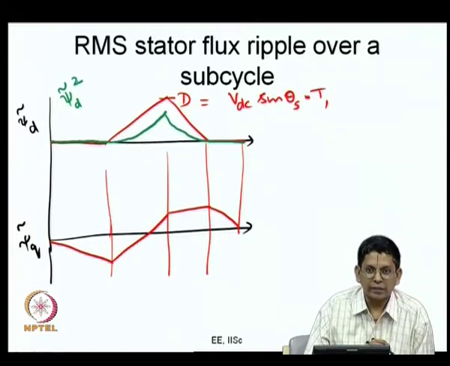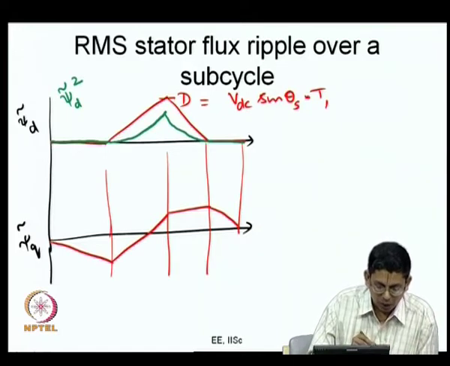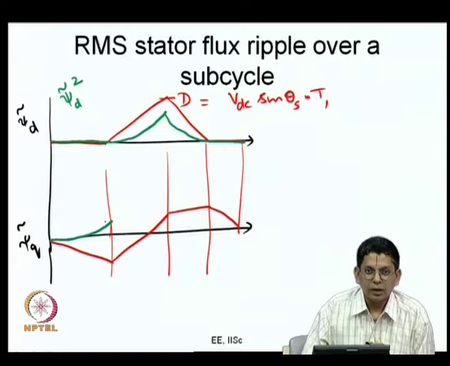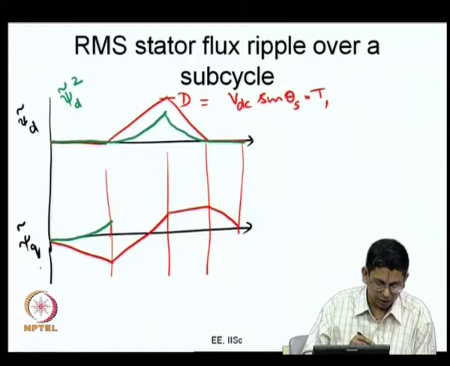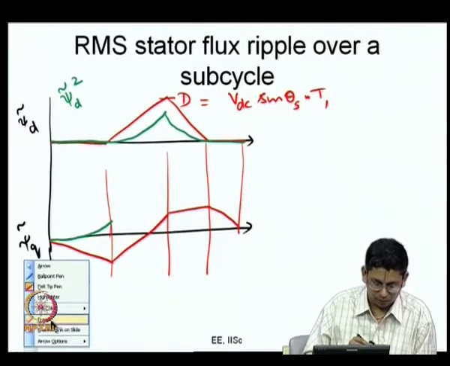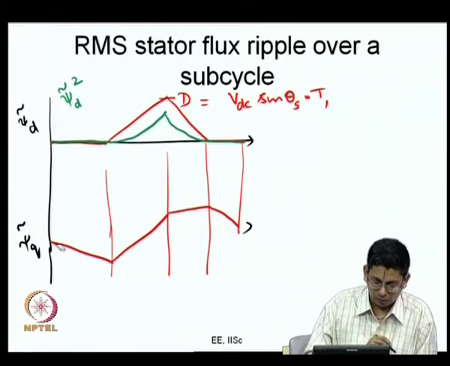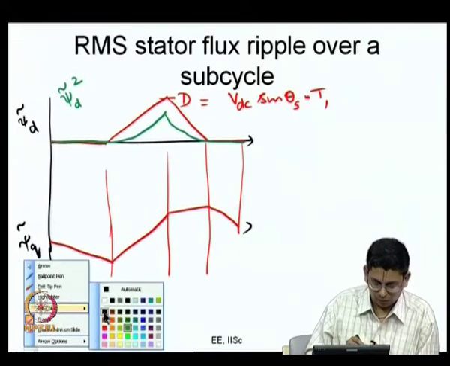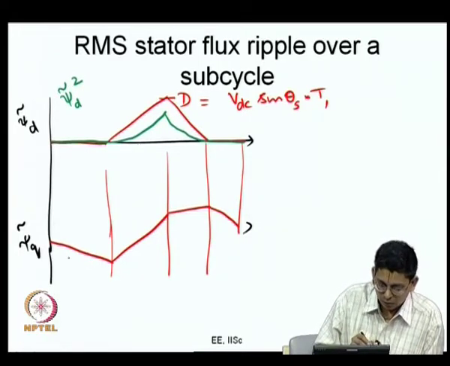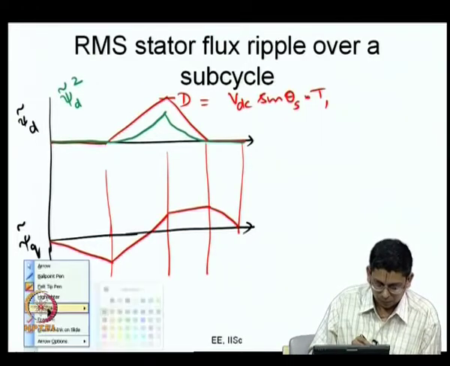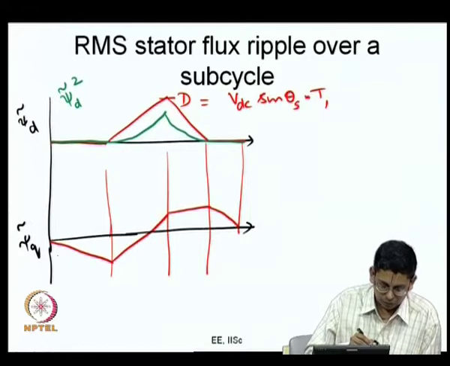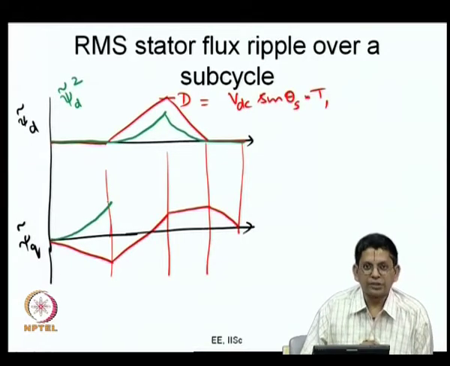I am going to consider psi q tilde squared. If I square this, I am going to get a parabola like this. If I square this, I will once again get a parabola. Let me just draw this a little better. So, I will square this, I will get a parabola like this.